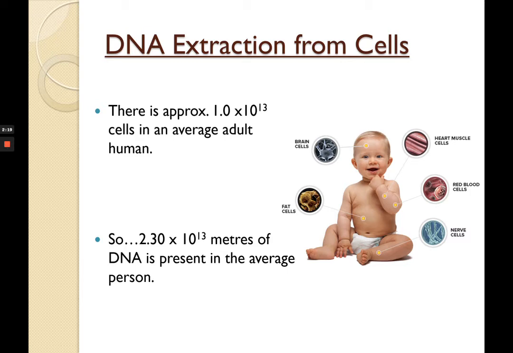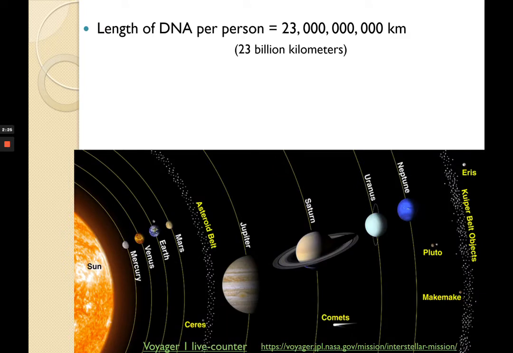The length of DNA in an average person is therefore 23 billion kilometers, a distance so large that we need to look at the solar system for comparison.